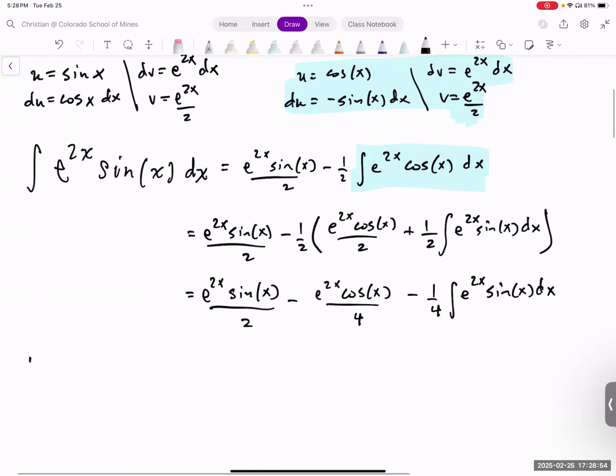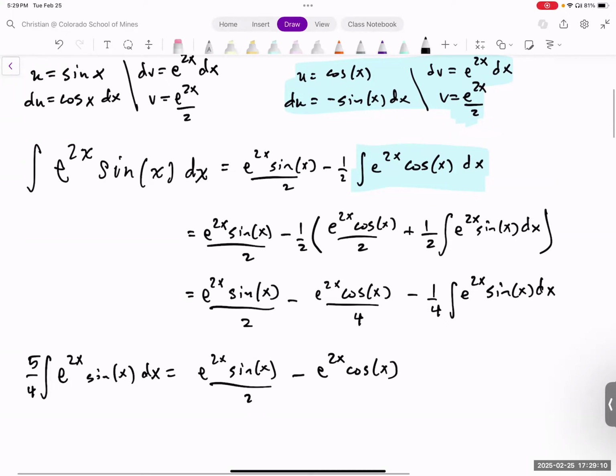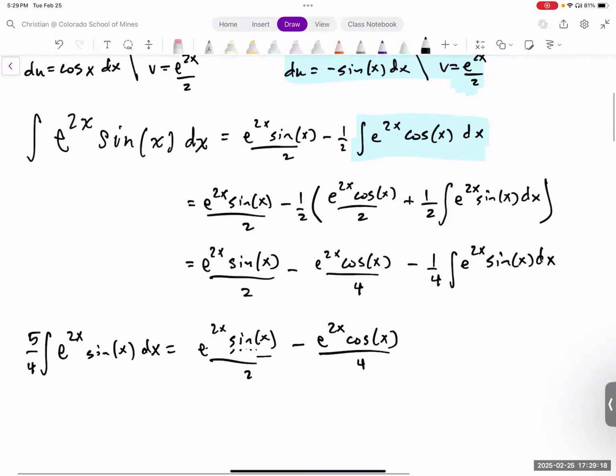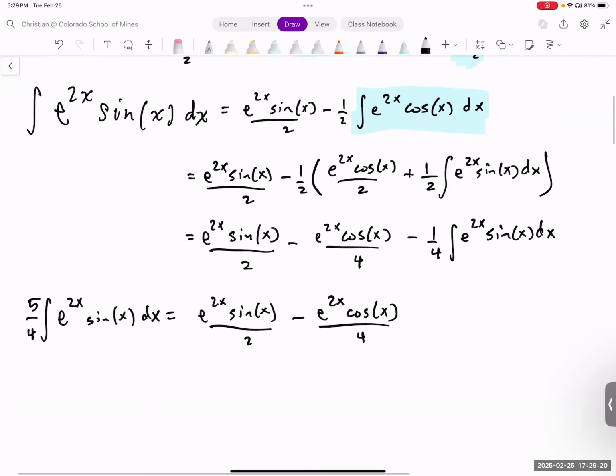So let's write 5/4 of the original integral equals e to the 2x sine of x over 2 minus e to the 2x cosine of x over 4. And then we need to multiply both sides by 4/5, or divide by 5/4.